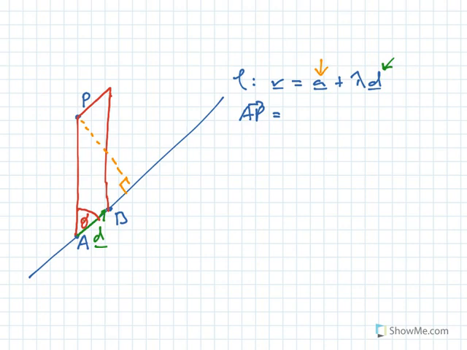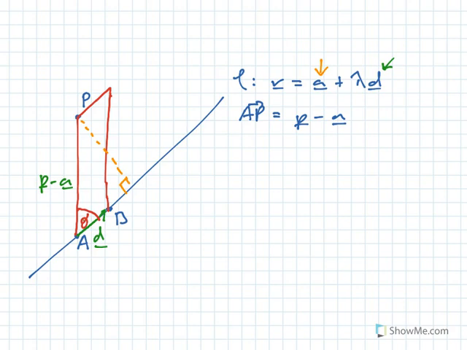Well, I need to go back to the origin first, so I need to do minus a, and then plus p. Let's assume that the point P is reached via vector p, which defines the point. So if I was given the point P, that would just be what the vector is. So I now know that I've got vector d, I've also got p minus a, and I've got an angle theta in between them.